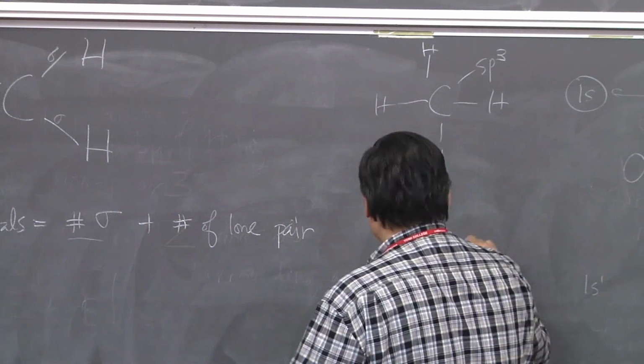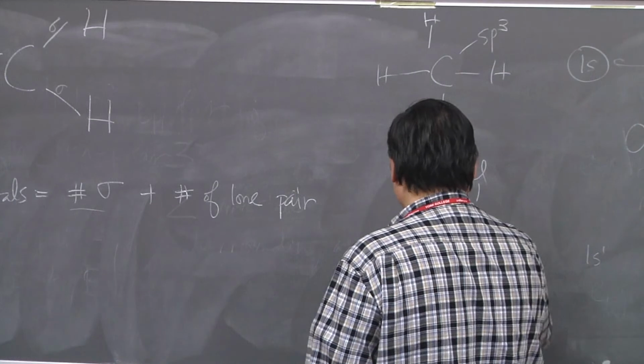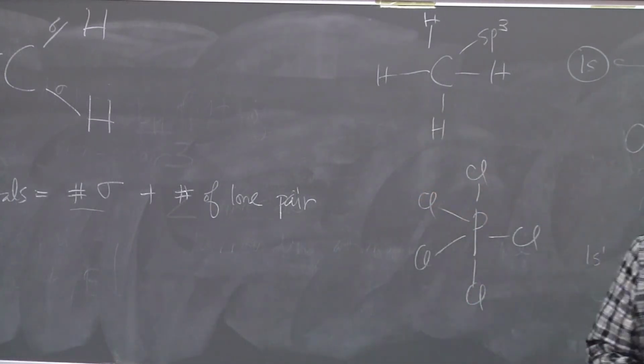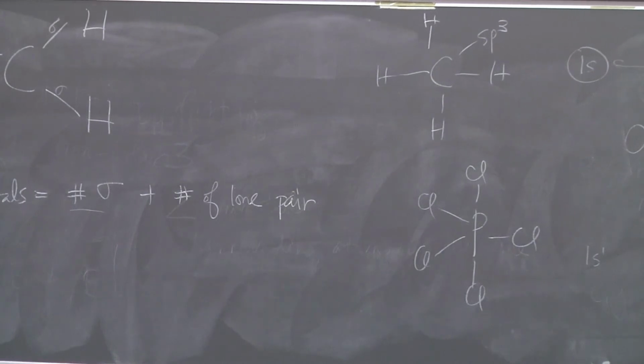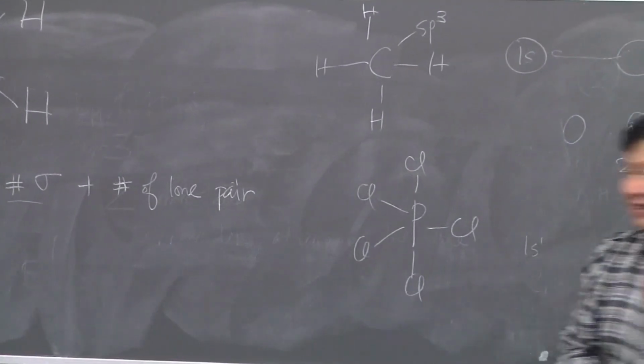Another one. And you've seen this guy earlier. What's the hybridization of P? How many sigmas first? 5, right? So an S, 3 P's. And what follows after S? A D. So the hybridization is sp3d.